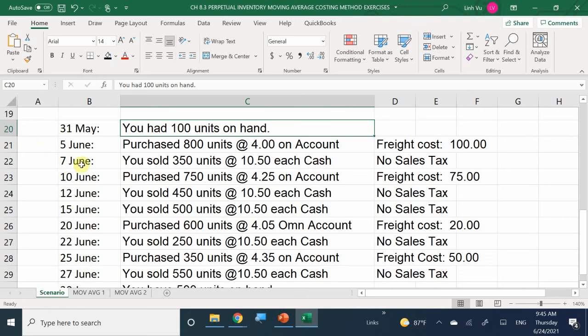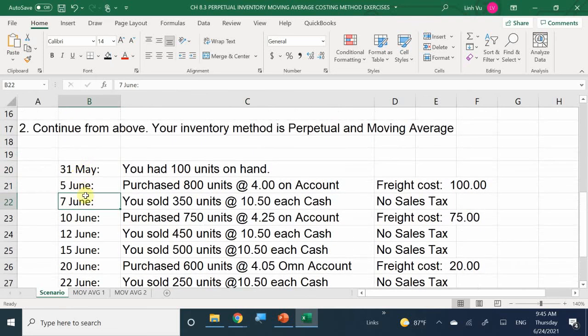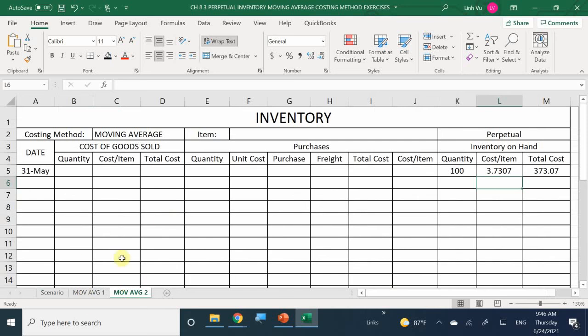So on June 5th, what happened here? Purchase 800 units at $4 with a $100 freight cost. Good.